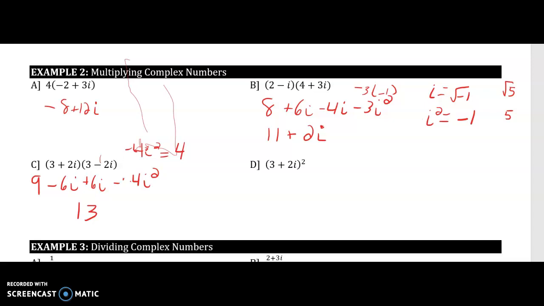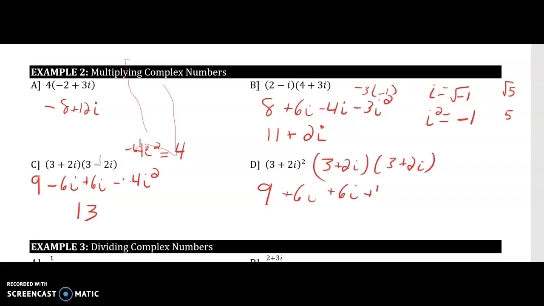These are what we're going to call conjugate pairs here in a minute. Now I need to write this out twice. And then we need to multiply. So I get 9 from the first. Then the outer terms give me 6i. The inner terms give me 6i.